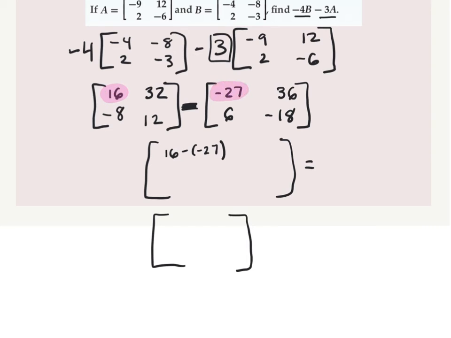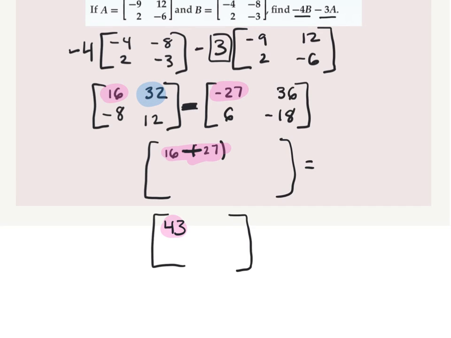So 16 minus negative 27, that goes here, and it's going to go here. What does minus a negative mean? So we add them together. So this would be 43. So that's why it helps to write it out. That way you can see if you're subtracting a negative, you know you have to add.